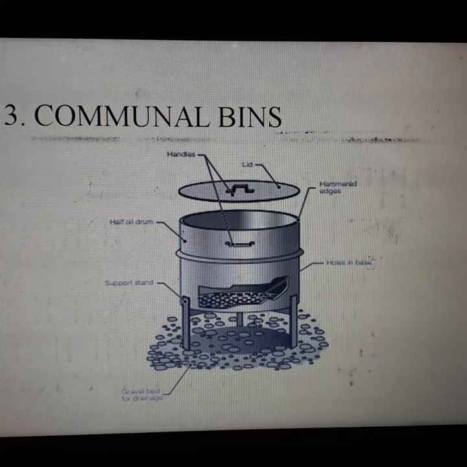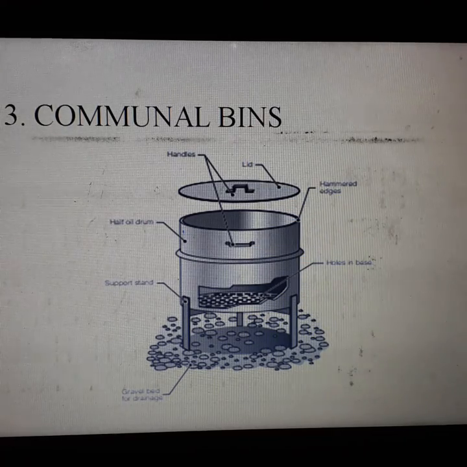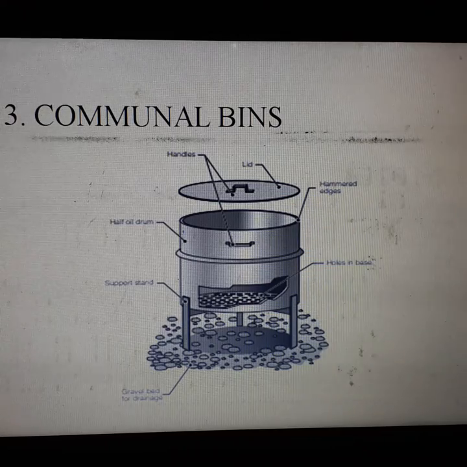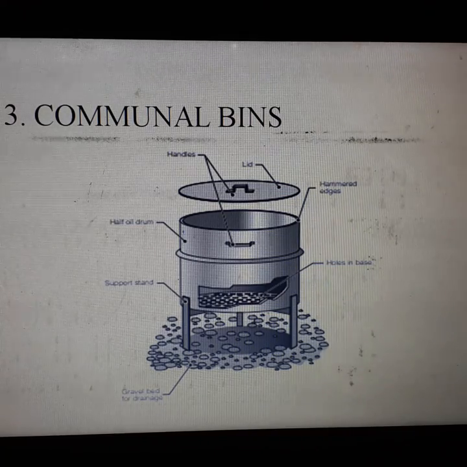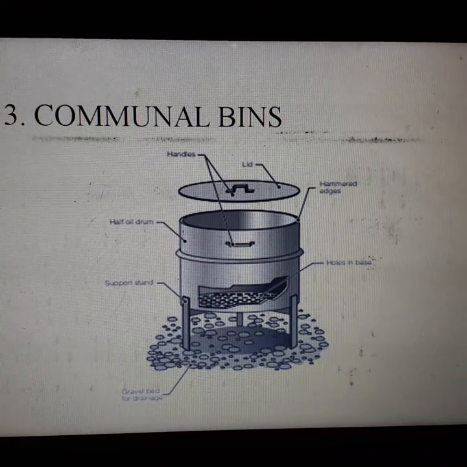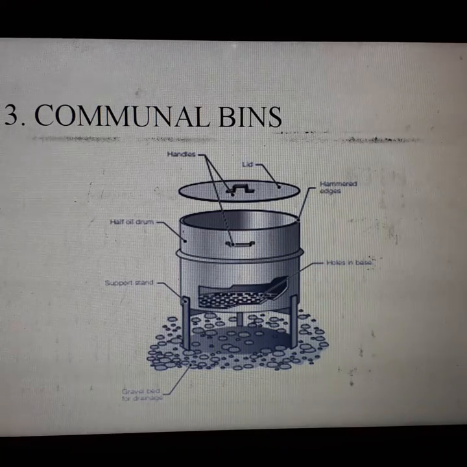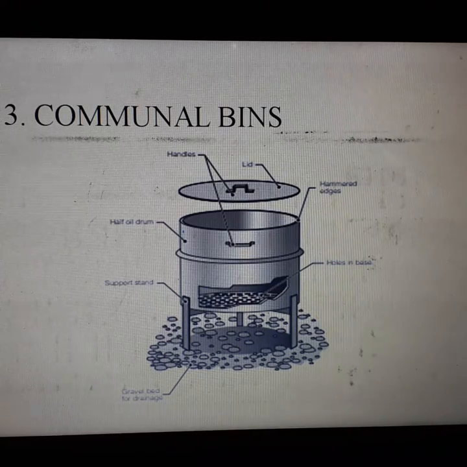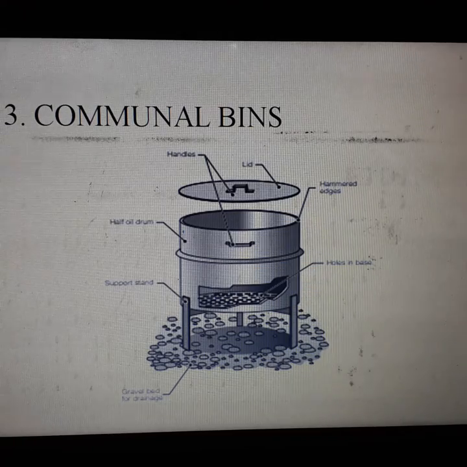A simple solution is to provide oil drums cut as in this figure. The bases of these should be opened to allow liquid to pass out and to prevent their use for other purposes.